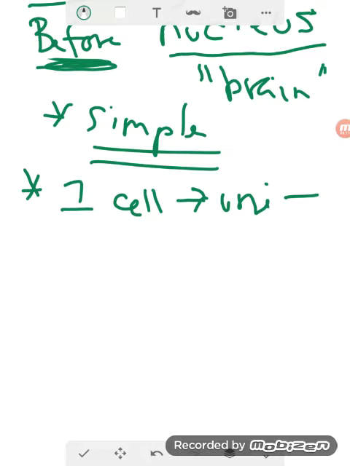What's the one organism that is only one cell big, and you're going to find it on your skin, you're probably going to find it on the tables, it really exists just about anywhere, but because it's only one cell big, we can't see it. These are going to be my bacteria. Bacteria are only one cell big, and they're super duper simple because they don't have that nucleus inside.